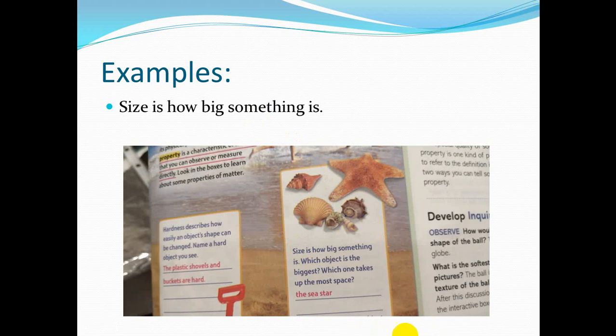Here we have many shells with a star, and the question is, which object is the biggest? Which one takes up the most space? The sea star, of course, is the biggest object. It's bigger than the shells here.